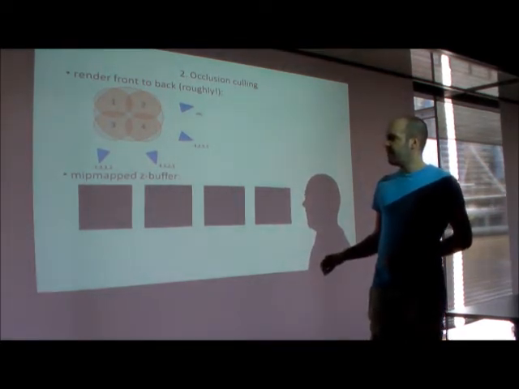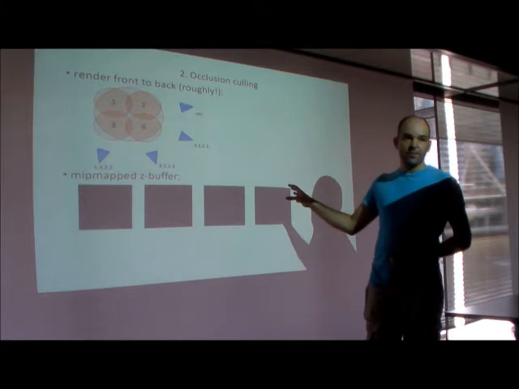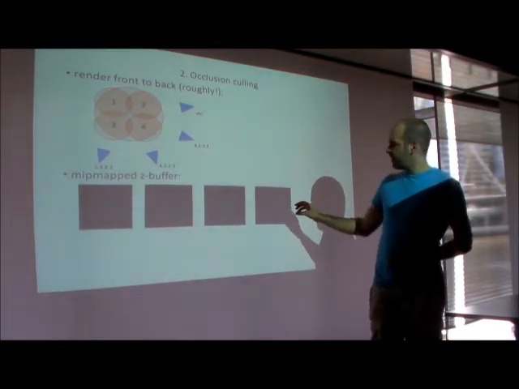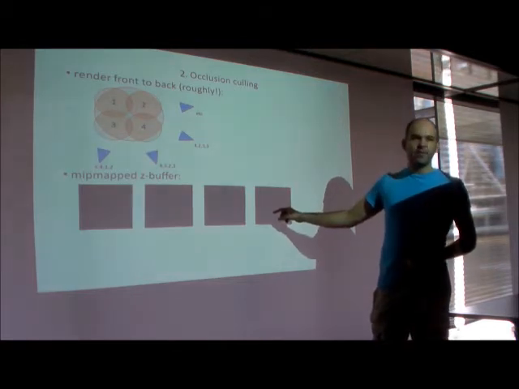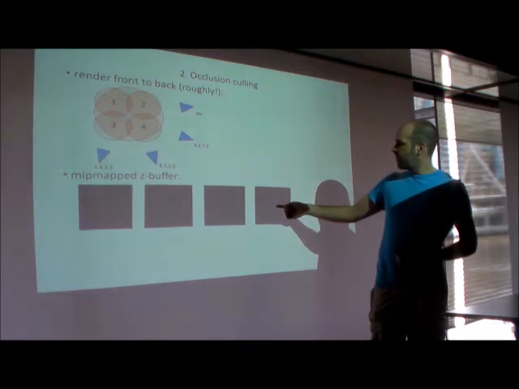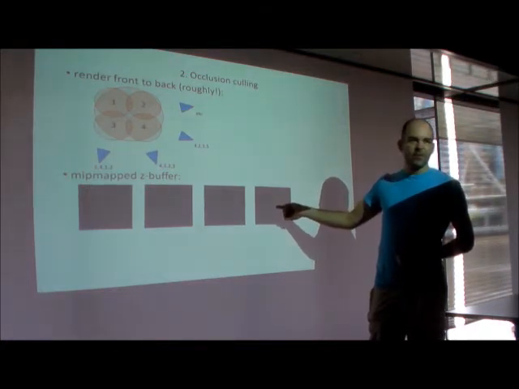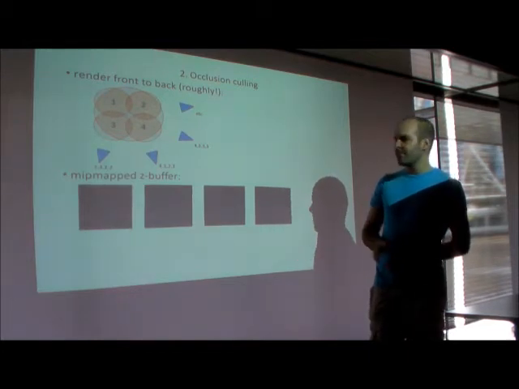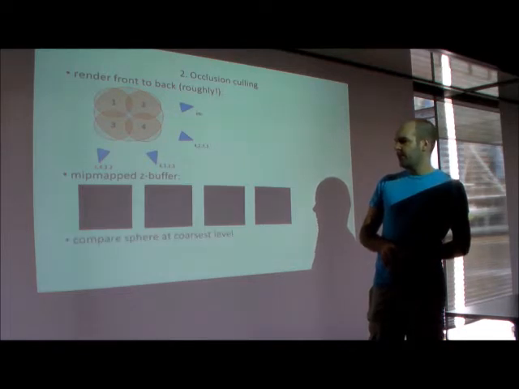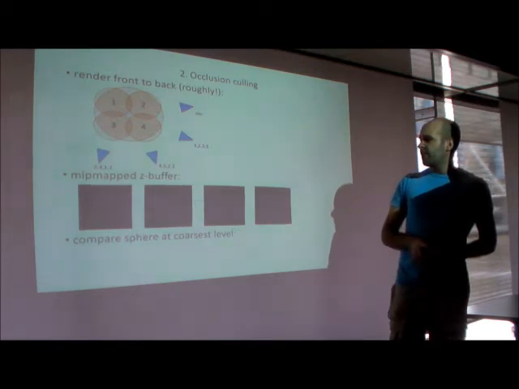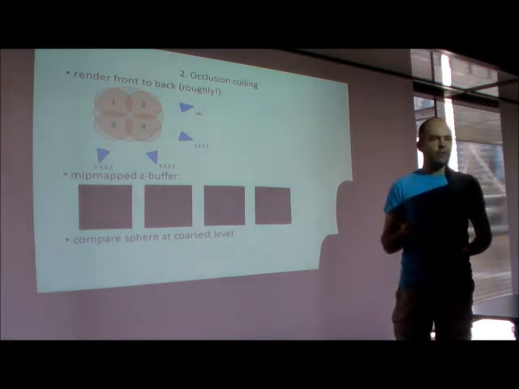And you can then use these Z buffers for occlusion culling on larger levels. Because every pixel here is the maximum distance that you can get for that size area, anything which is behind that maximum distance you can exclude. So the last part of the occlusion culling is that you've now got to know when to do the occlusion.